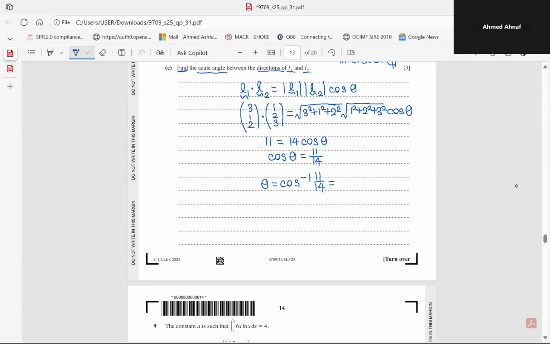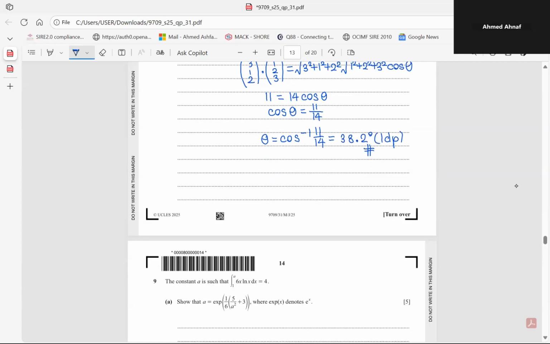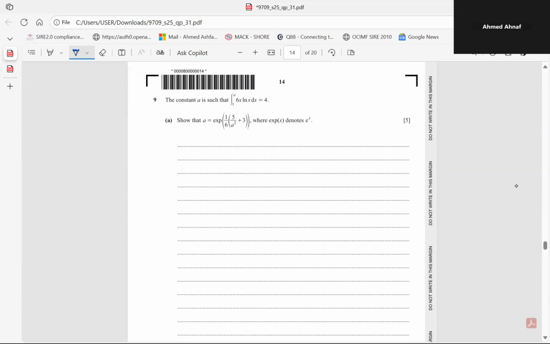It can be in any unit you want. In this case, I'm going for degrees. This would be 38.2 degrees to 1 decimal place. All answers in degrees are supposed to be in 1 decimal place. So this is our final answer. Let's head on to the next question.